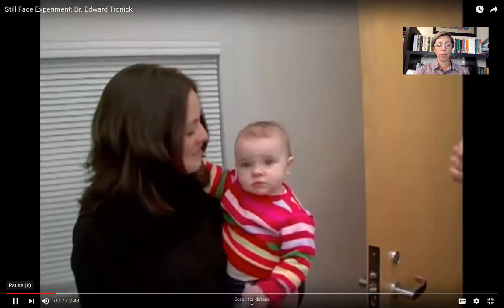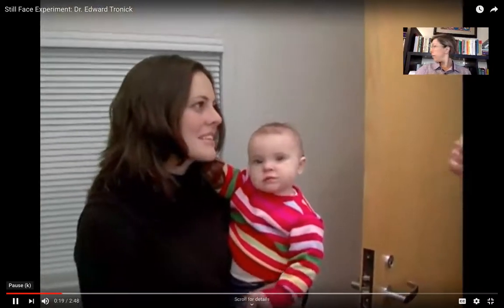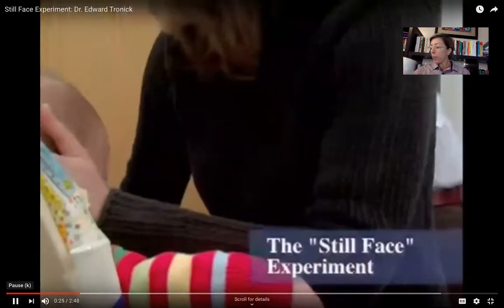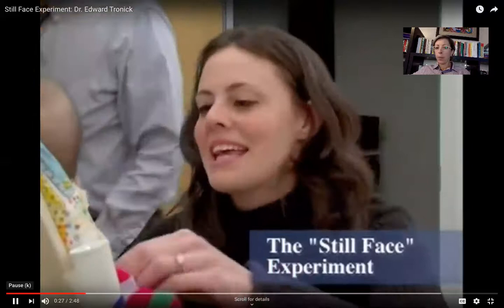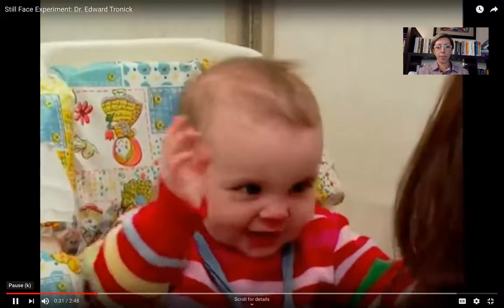Babies this young are extremely responsive to the emotions and the reactivity and the social interaction that they get from the world around them. This is something that we started studying 30, 40 years ago when people didn't think that infants could engage in social interaction. In this still face experiment, what the mother did was she sits down and she's playing with her baby who's about a year of age.